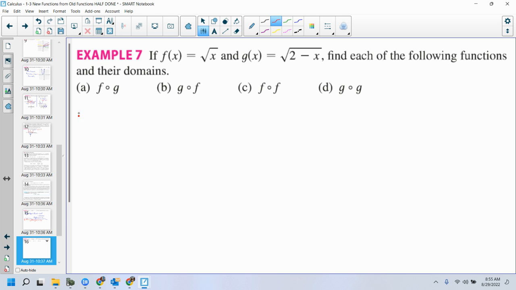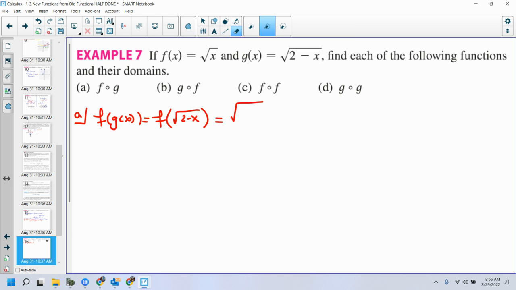So f of g of x is going to look like this. g of x is 2 minus x, so I'm going to have the square root of, see, it was the square root of just x, so now it's the square root of 2 minus x. Oops, I forgot my square root.